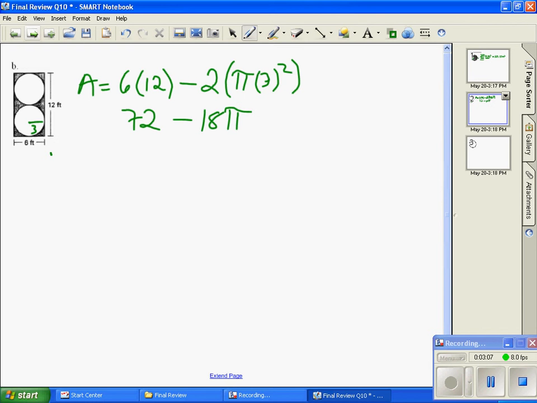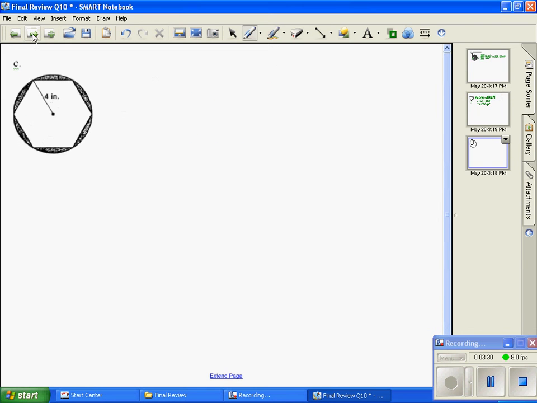Okay. So let's plug in this line now into the calculator and get a final answer for this area. Okay, so the area of the shaded region is 15.45 feet squared.